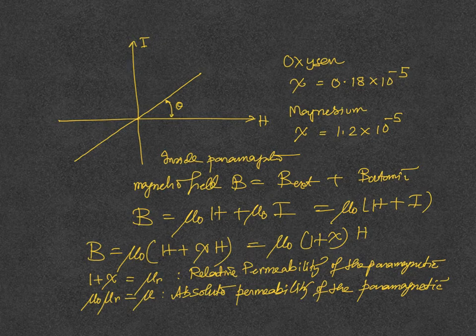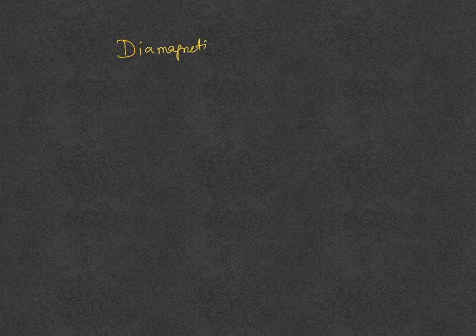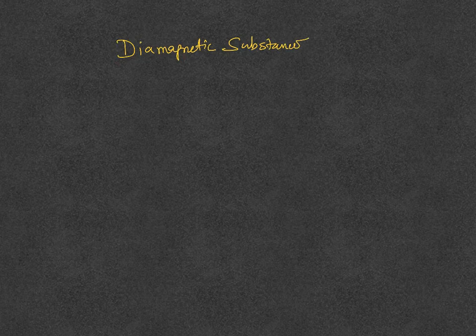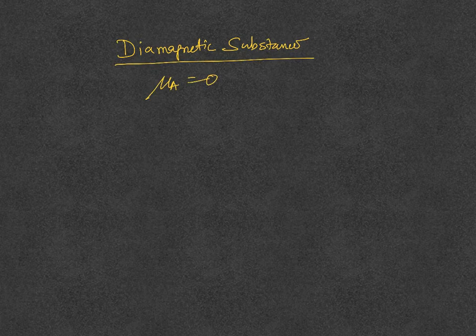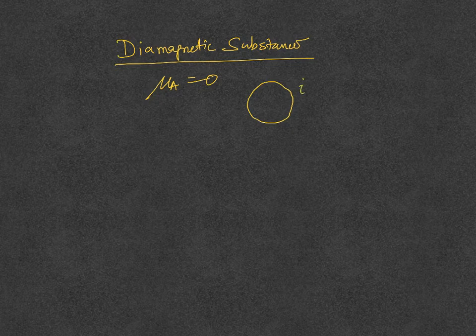Now there are certain substances known as diamagnetic substances. In a diamagnetic substance, the atomic magnetic moment is equal to 0. So you can compare it with a current carrying loop having no current, that is, the atomic current is equal to 0.